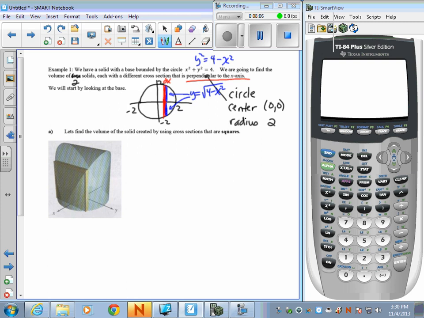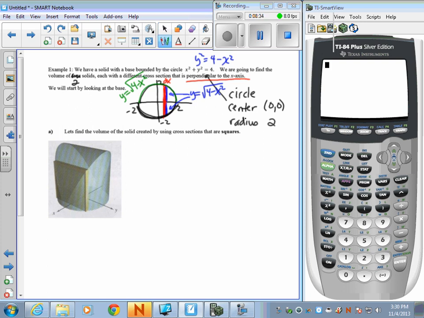So there's 2 ways to think about this one. We have 2 times the square root of 4 minus x squared is the entire height of the red rectangle. Or we can look at it as subtraction. The top curve will be y is equal to the square root of 4 minus x squared, while my bottom curve will be the negative of that.